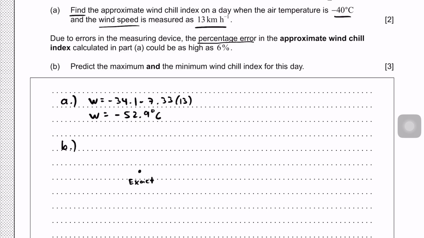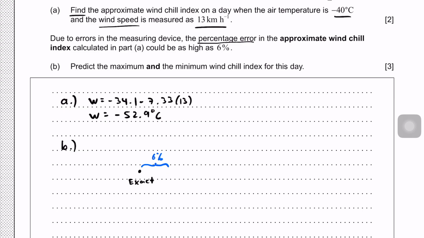And due to some kind of measuring device, we deviate from this. If we had absolutely zero measurement error, our measurement would correspond exactly with the exact value. But there is some kind of error in our measuring device in this case. And we might be off by as much as 6%.